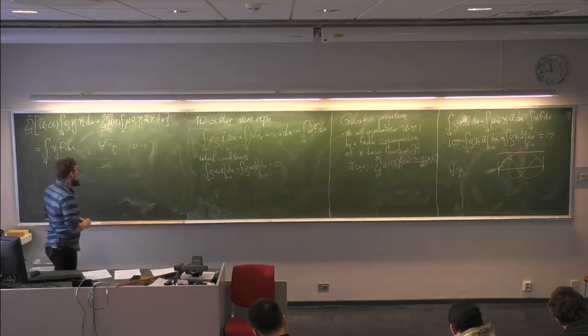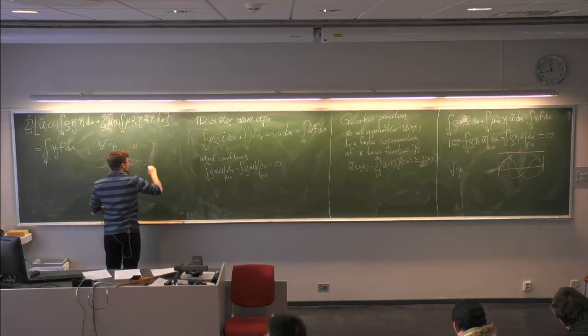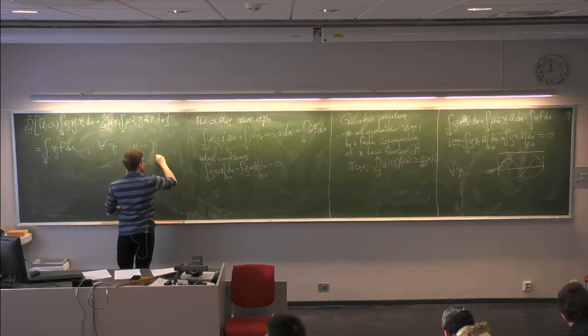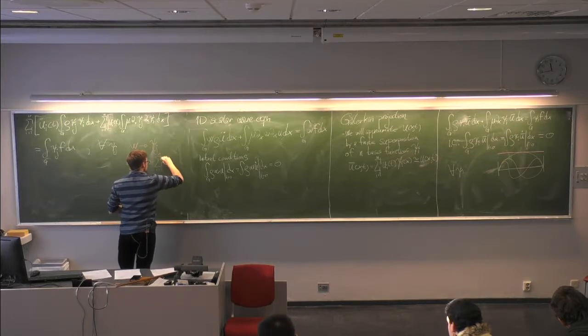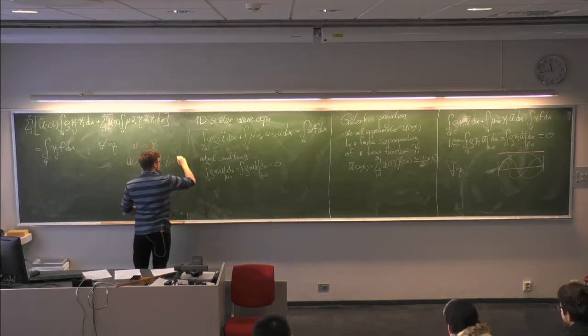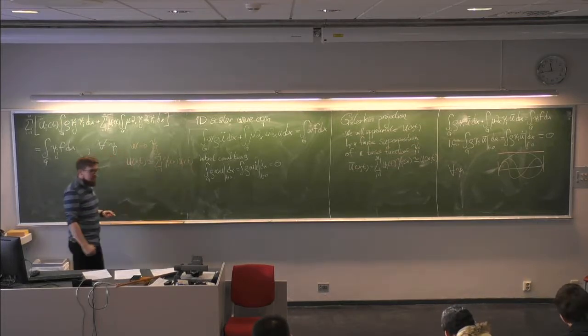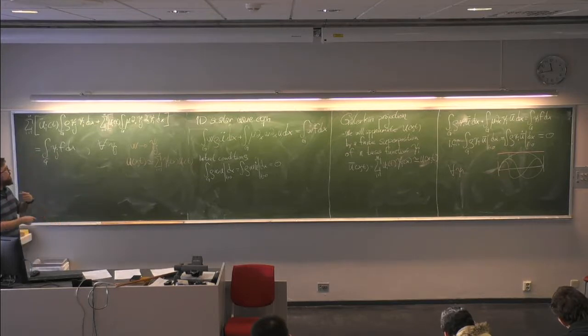And also I've done the approximation that u of x, t is approximately equal to the sum over i of c_i of x times u_i of t, such that I can actually put the u_i's outside the integral.